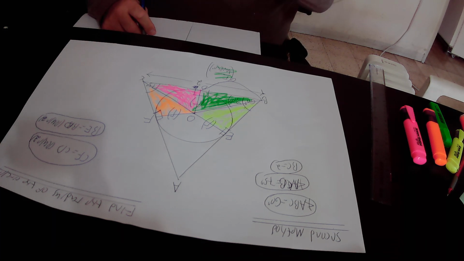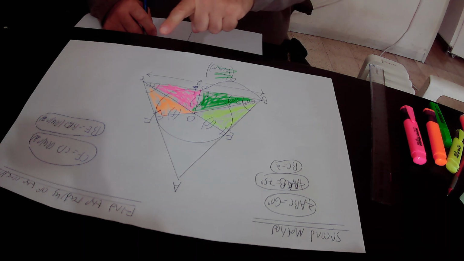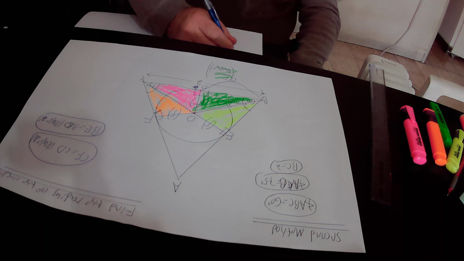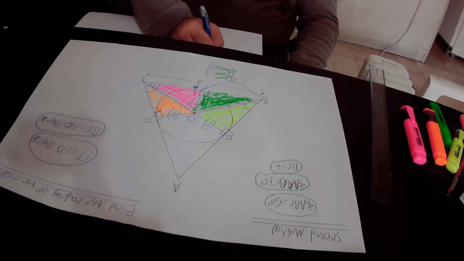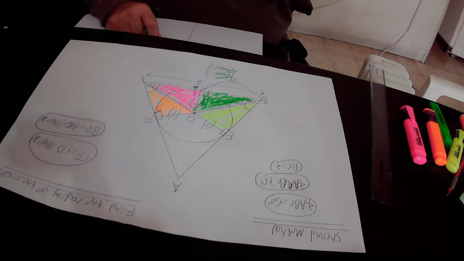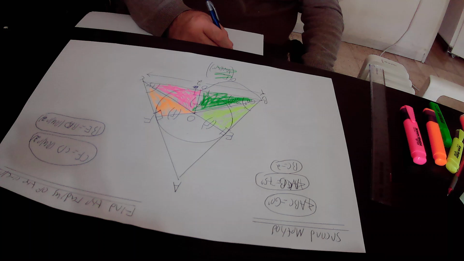In addition, CD equals CF according to rule number 2. And finally, side OC is a common side that belongs to both triangles, so OC equals itself.